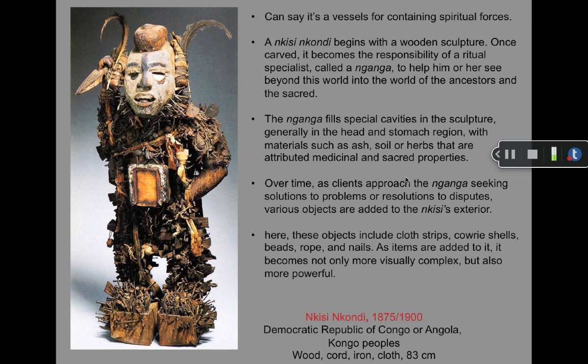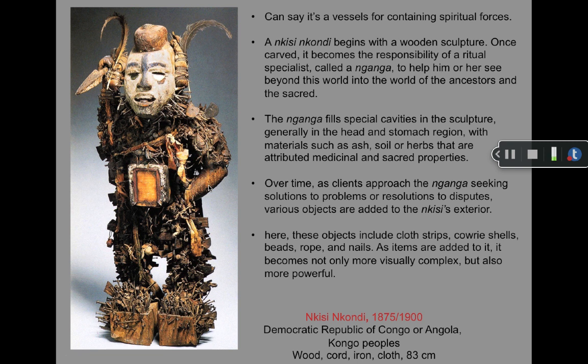that request might be added to the Nkisi's exterior, oftentimes through the pounding of a nail. You can see here these figures are also called nail figures. So if you look it up on Google, if you write African nail figure, you'll see these figures as well. But here you see, in terms of this object, cloth has been added, cowrie shells, beads, ropes, and as I said, nails, that's most common, have been added to it.